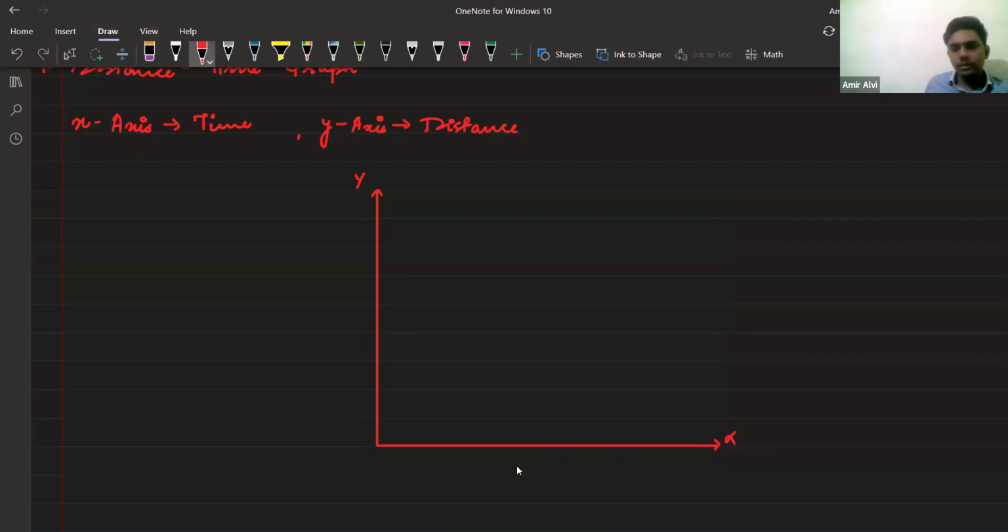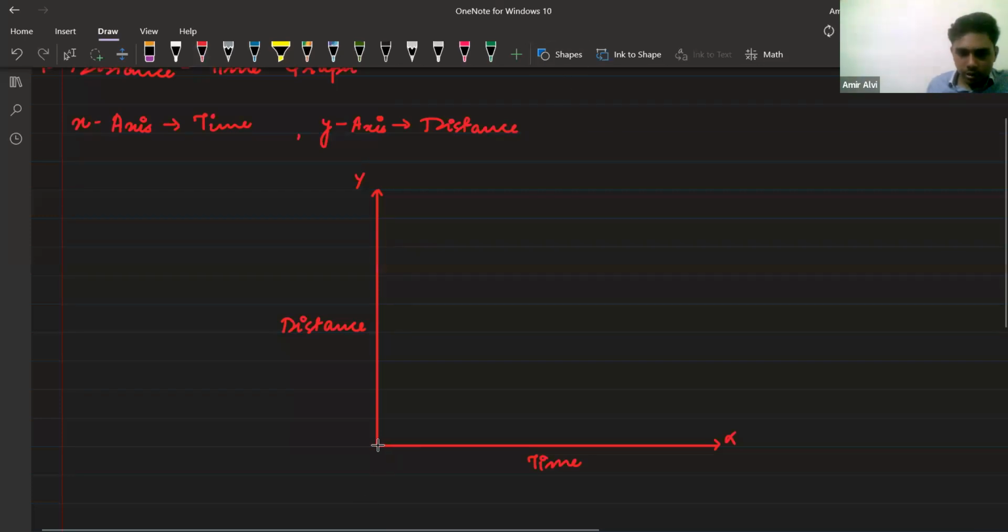This is the x-axis. This is time. And this is distance. Okay. So in this graph, the significance of this graph is the slope. I will tell you when. So this line is called slope.